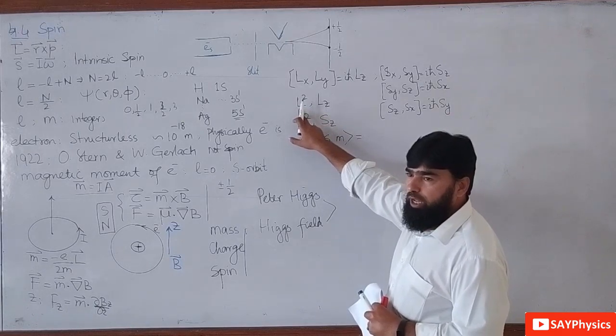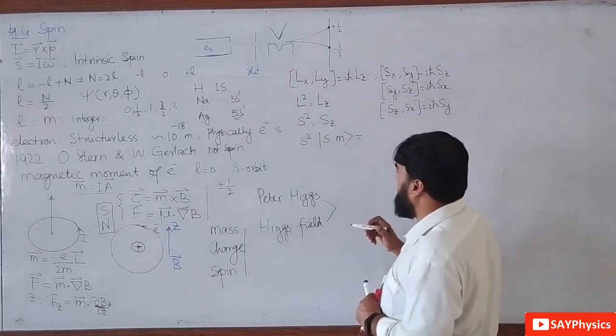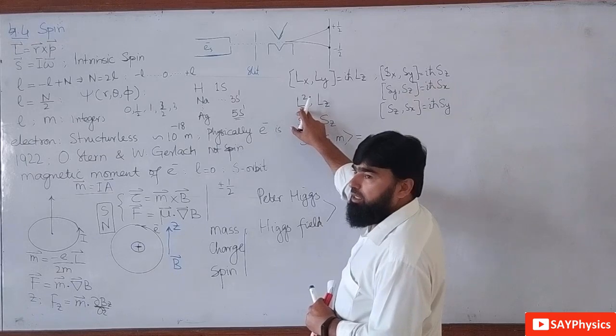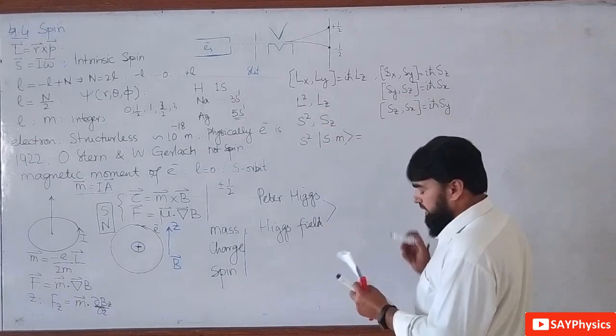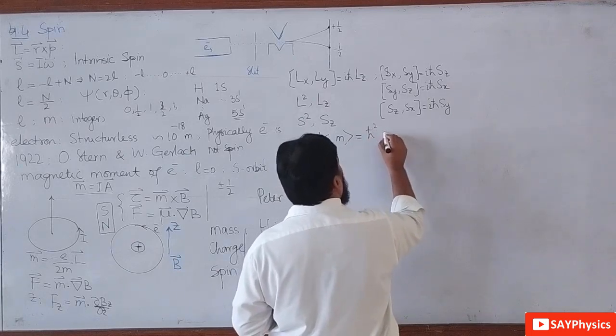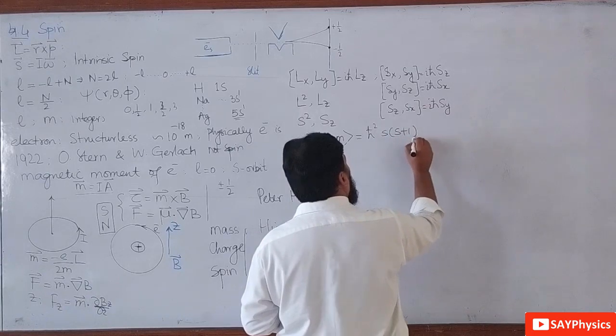L square was L into L plus 1 h bar square. Similarly, this will be h bar square S into S plus 1.